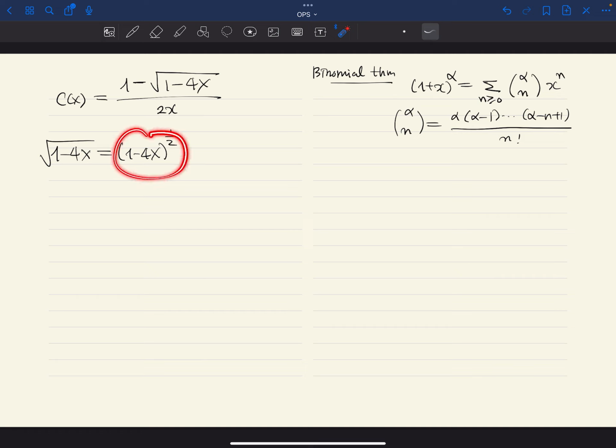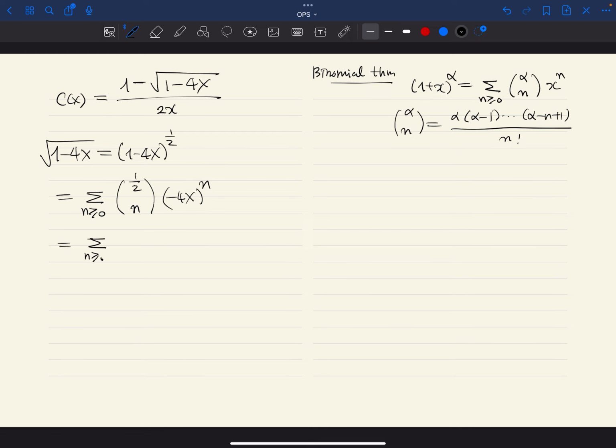So then we can compute this, right? This is the summation over n of (1 over 2 choose n) times (minus 4x) to the n. All right? Now what? We do just a computation. Now it's all about just computing things.